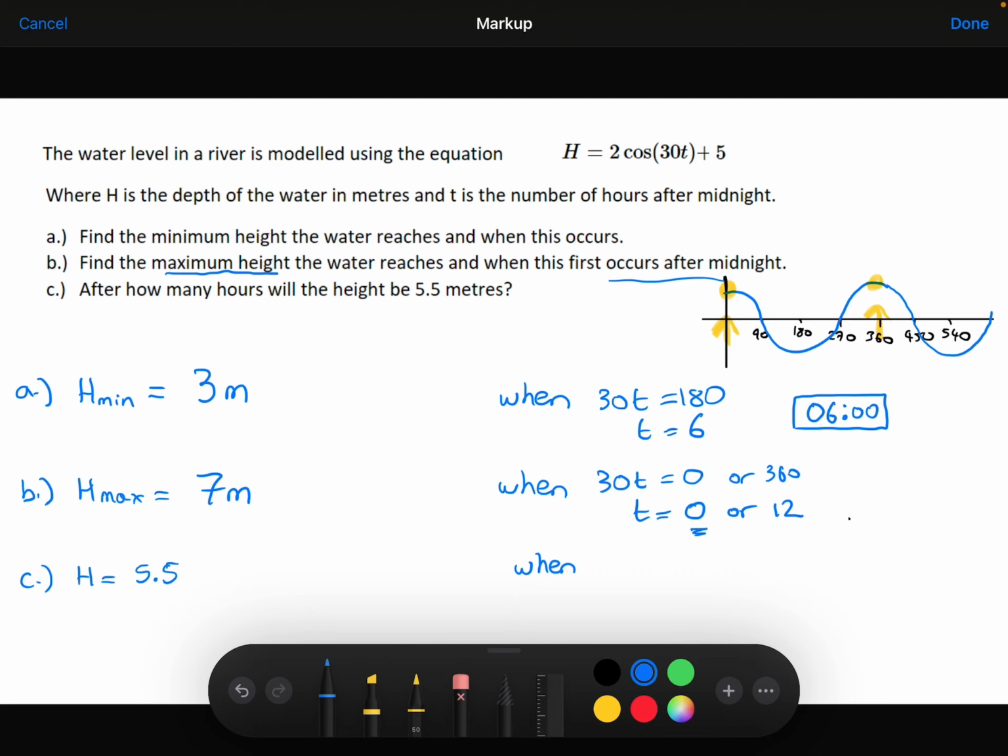So we have 0 hours after midnight or 12 hours after midnight. 12 hours after midnight, so midday, is the first time after midnight when the height reaches its maximum of 7 metres.